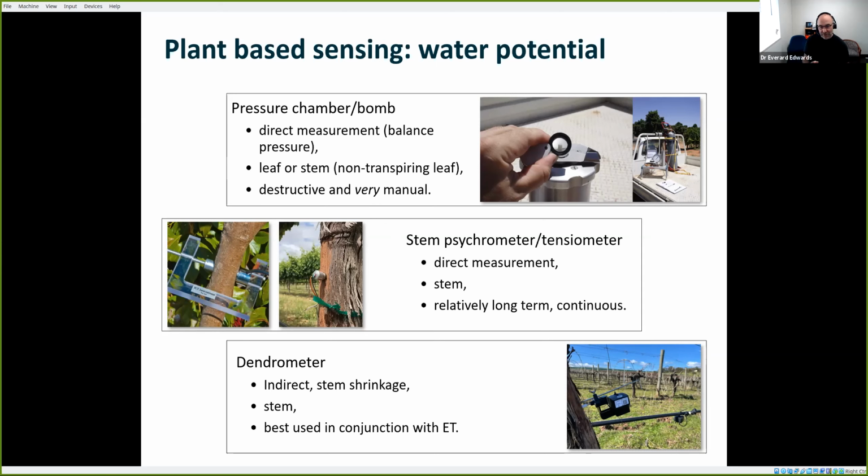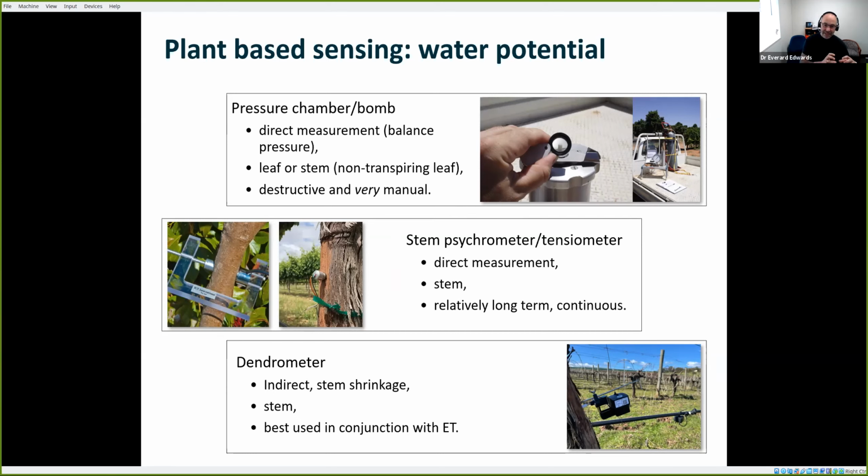So what happens is during the day when the water potential decreases, the stem shrinks microscopically, and then at night when it refills again and comes into equilibrium with the soil, it expands out again. So with a dendrometer, you can measure that daily up and down of stem diameter.